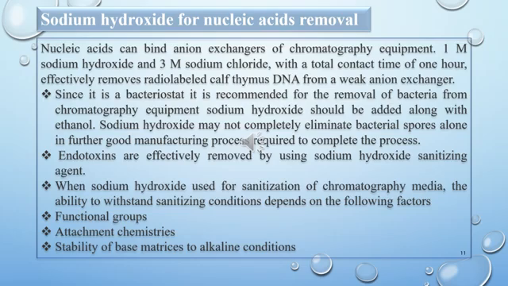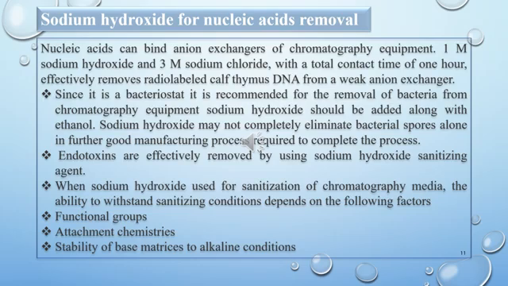What does it mean? Dear students, you must know that in ion exchange chromatography, we use 2 types of ion exchanger. One is cation exchanger and the second one is anion exchanger. Now, our nucleic acid will bind with anion exchange resins. How do we remove those nucleic acids?